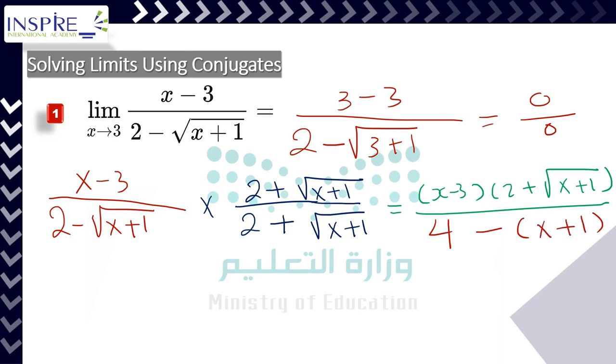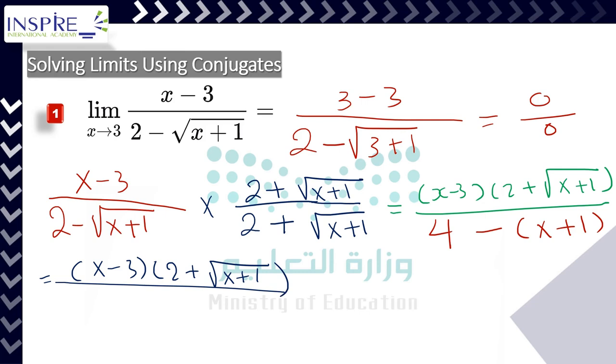Don't forget to put your brackets, and then we will keep the numerator the same. It will be x minus 3 over 2 plus root x plus 1, and then we will distribute the negative sign, so it will be 4. Negative times x will be negative x. Negative times 1 will be negative 1.